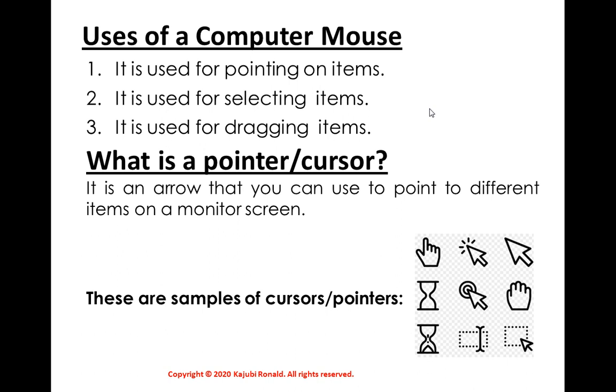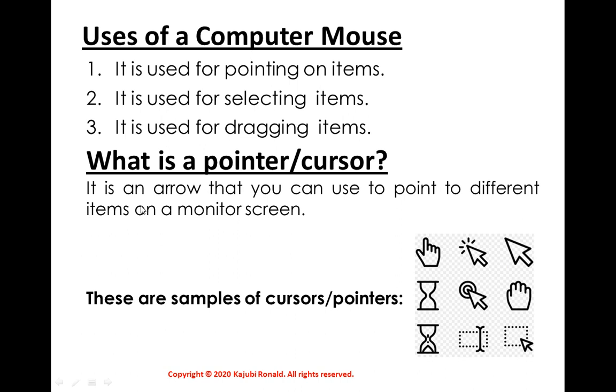While pointing on an item using a computer mouse, there is a small icon or a small symbol we always see moving on a monitor screen, and that icon or that symbol or that arrow is what you call a pointer or a cursor.